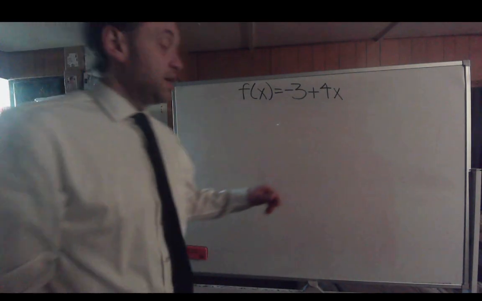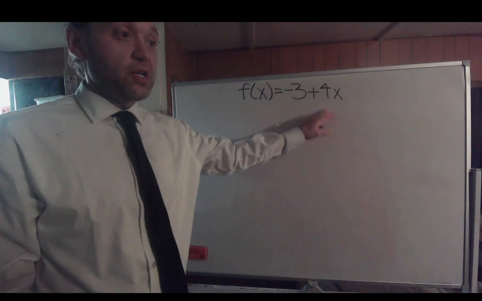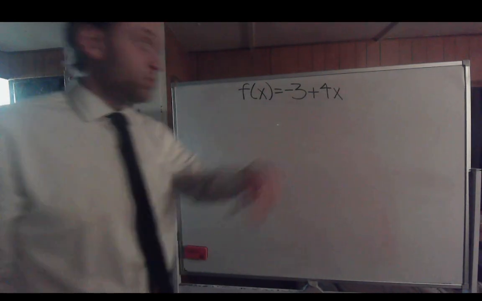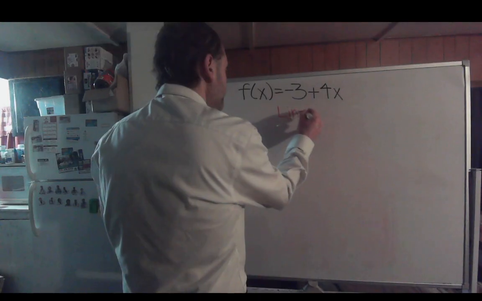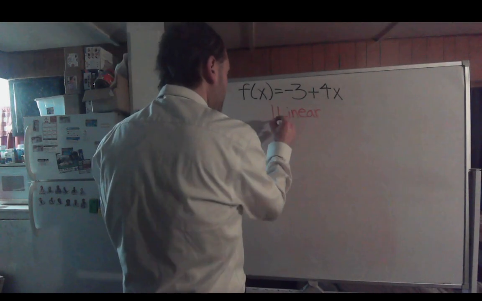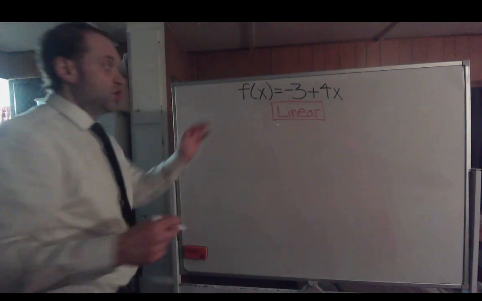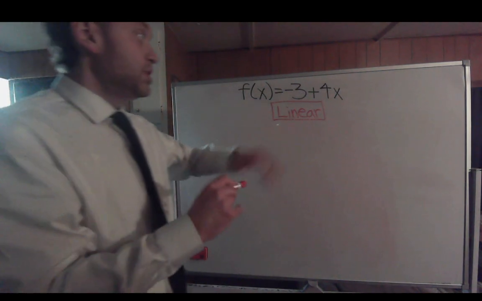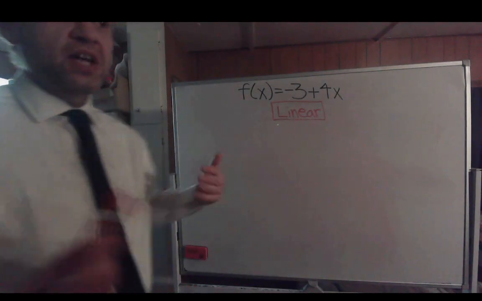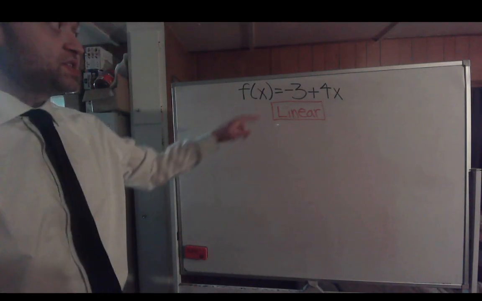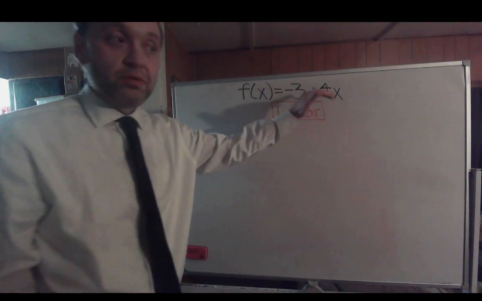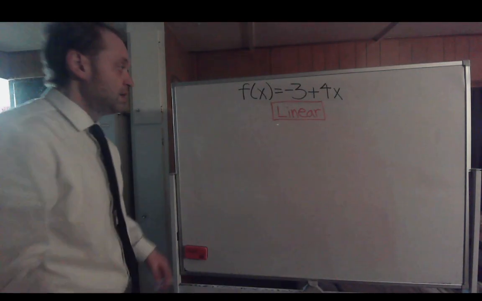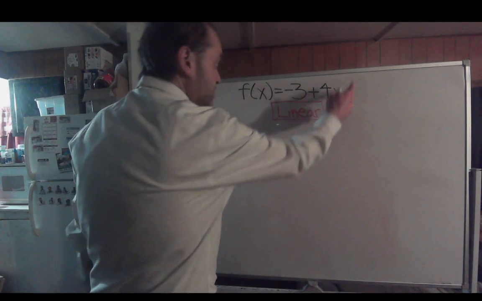Well, look at the highest degree in your equation. The highest degree is 1, so yes, this is actually a linear function. They don't always put the powers in order. A lot of the times it should go in descending order. This time they're putting it in ascending order. It's not wrong either way. This is the same as f of x equals 4x minus 3. They just chose to do it negative 3 plus 4x. It means the same thing. But this is a linear function since the highest degree is 1.